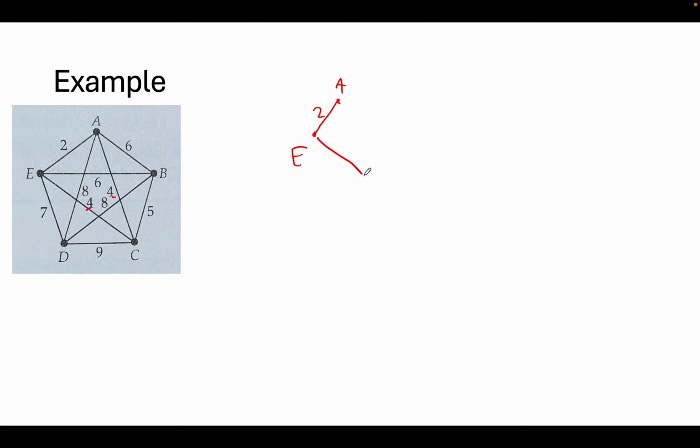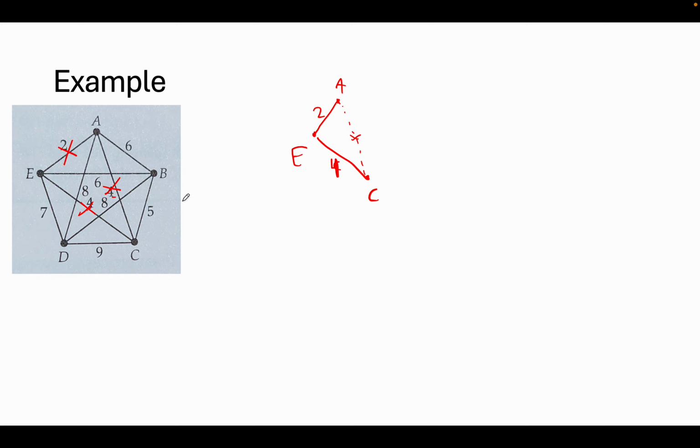So if we choose CE, and that's supposed to be a 4, then great. C was not previously connected. Now it's connected. At this point, if we wanted to add in AC, that would make a cycle. So we can't. Okay, so we did AE, we did CE, we can't do AC.